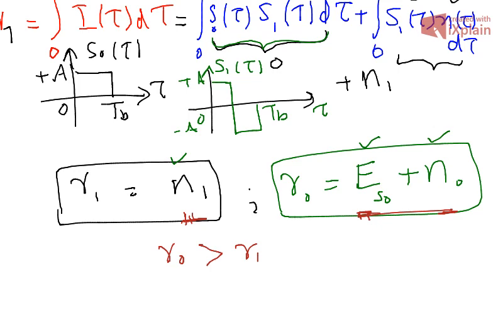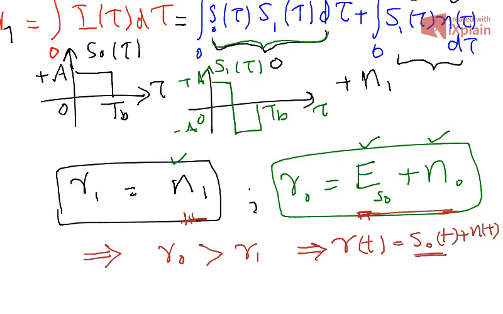So whenever the detector finds R0 greater than R1, it would declare that your received noisy signal R of t is actually S0 of t plus N of t, which means that the detector detects the transmitter has transmitted S0, and it would output a 1, which is the representation of S0.